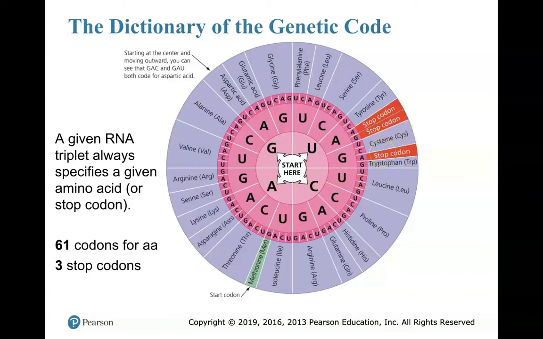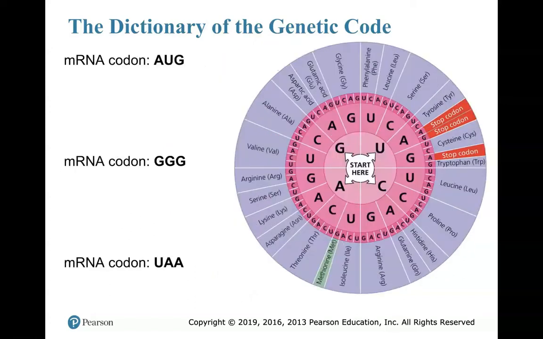So let's actually read this wheel together so I can show you guys how you go from a 3-letter mRNA codon to an amino acid. So here's an example, mRNA codon AUG. I want to go ahead and read for that.